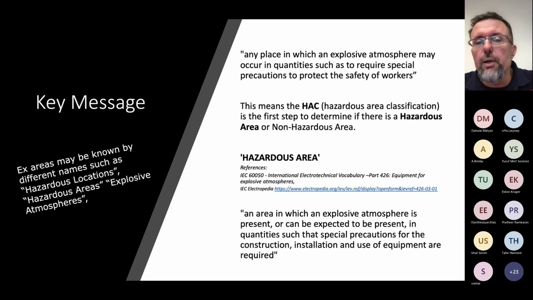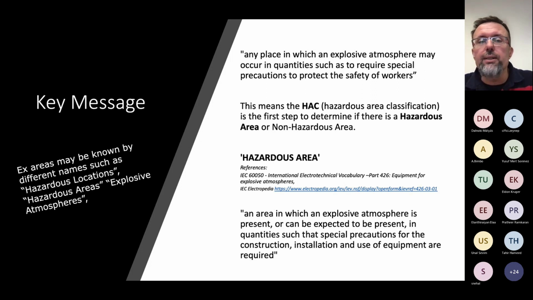In order to identify it, IEC 60050, the International Electrotechnical Vocabulary, part 426, gives us a definition: an area where an explosive atmosphere is present or can be expected to be present in quantities such that special precautions for the construction, installation, and use of equipment are required.